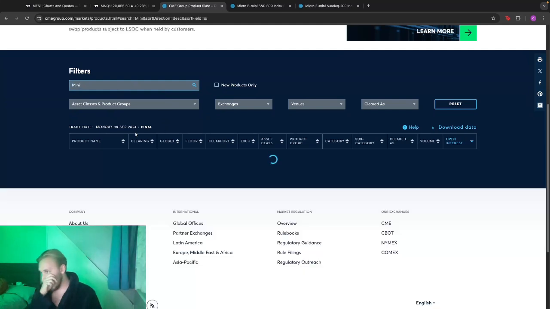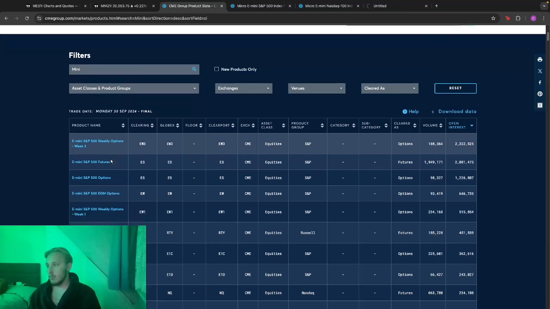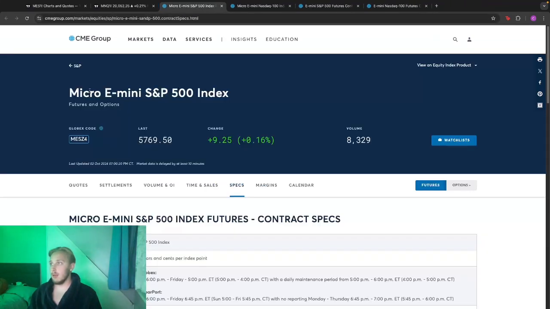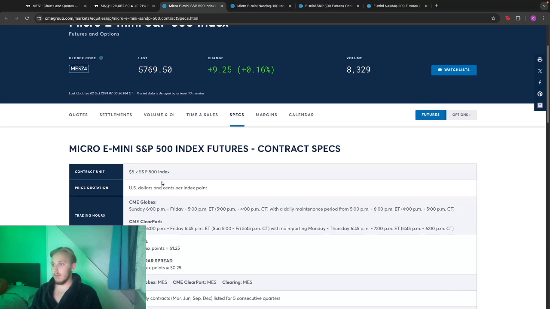If you wanted to trade the minis, then you've got it right here. I'll show you the difference. So micros, obviously the smaller ones, mean that each contract is worth $5, aka each tick is $1.25.